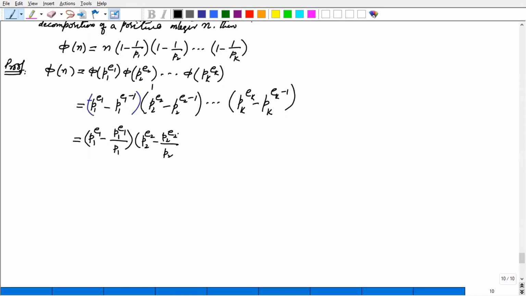So that's why we can write like that. Still, we can write pk to the power ek minus pk to the power ek divided by pk. Okay.